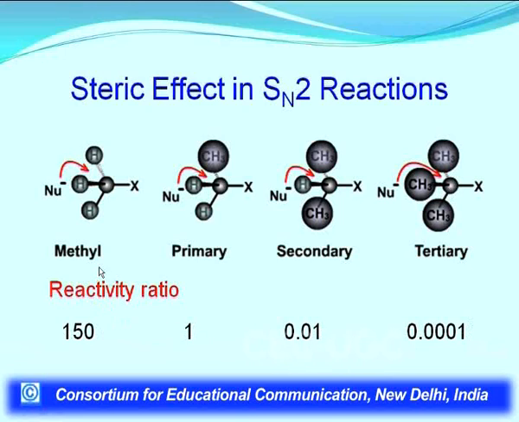So, we say that the rate by the SN2 mechanism decreases as we move from a primary to secondary to tertiary alkyl halide.